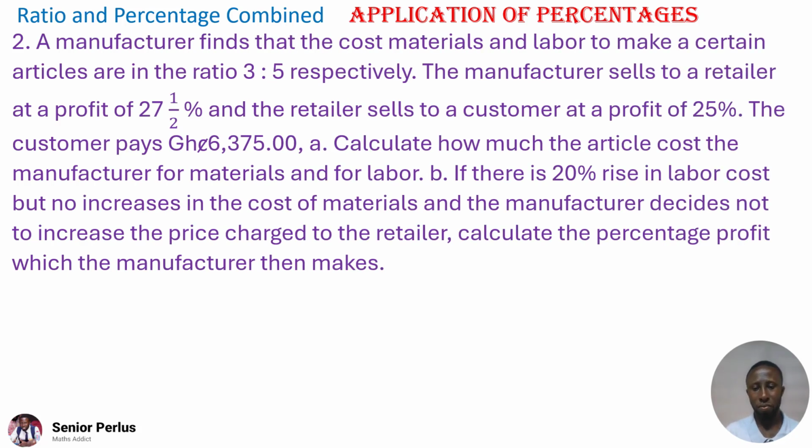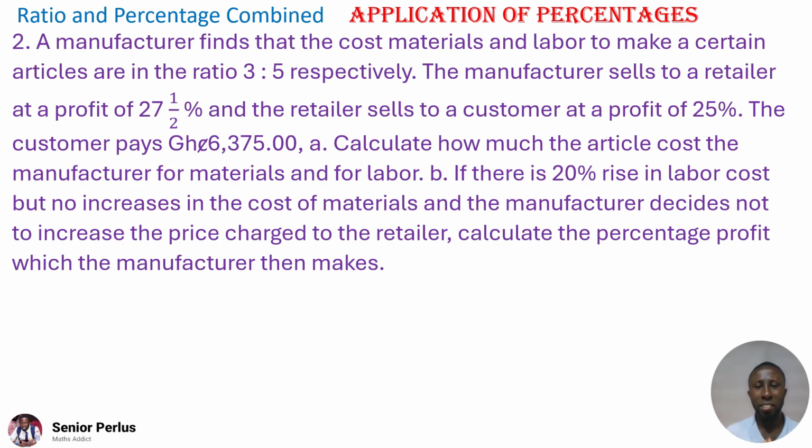Question 2. We are still on ratio and percentage combined. A manufacturer finds that the cost of material and labor to make a certain article are in the ratio 3:5 respectively.